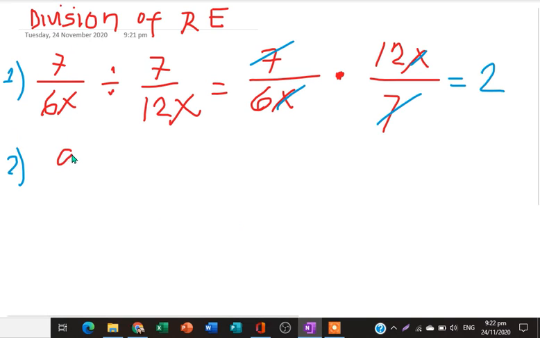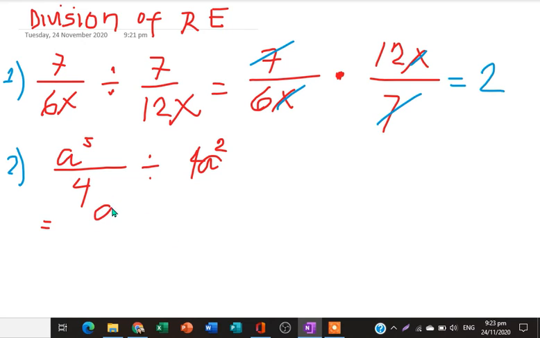And another example for division. So if we have a to the 5th over 4 divided by 4a squared. Okay? So we are going to write this as an equivalent multiplication expression.